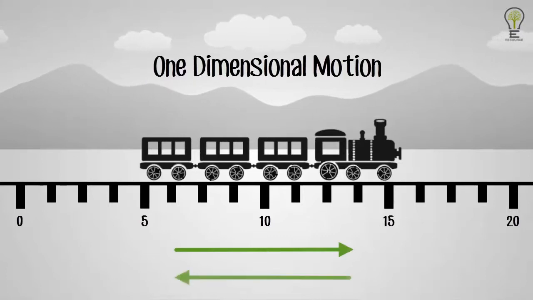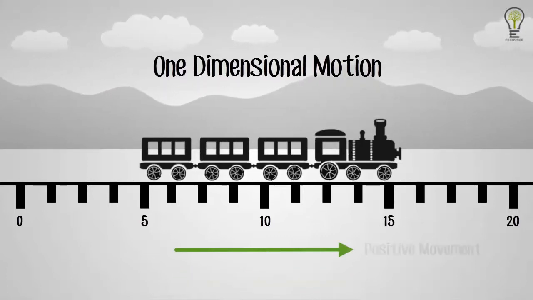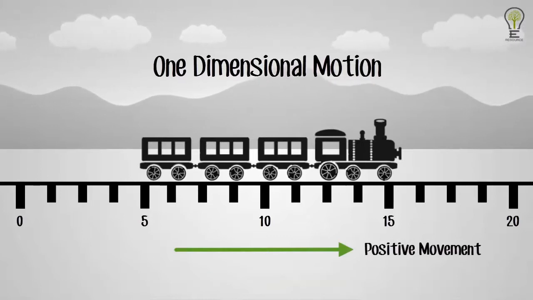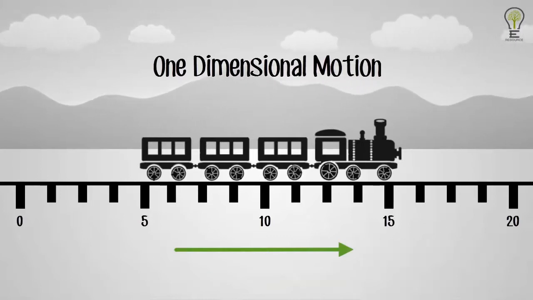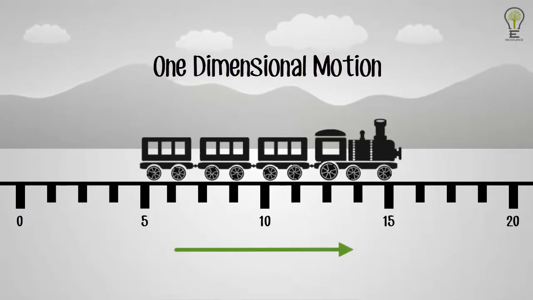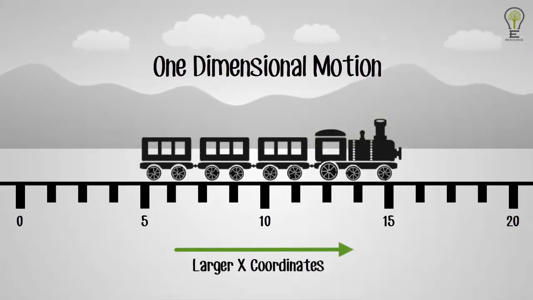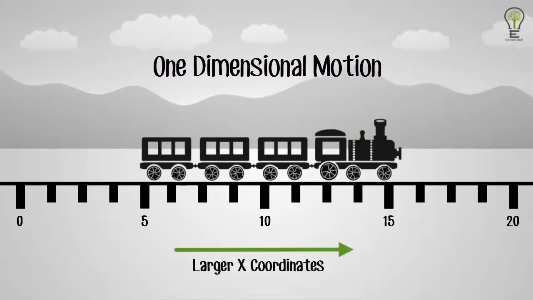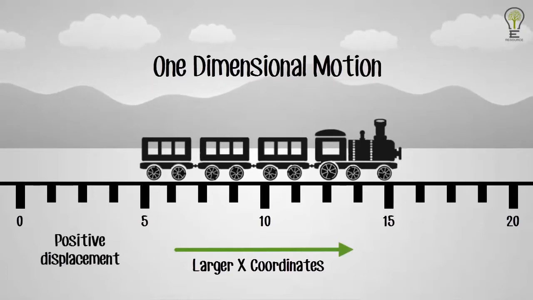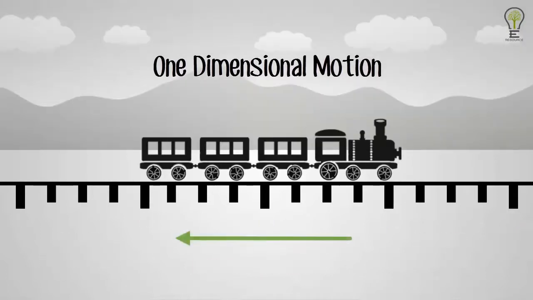As you can see, a car could move to the right side or backward. If the car moves forward, it's called positive movement. In positive movement, it takes larger and larger x coordinates. So if you have larger x coordinates, it means we have positive displacement and positive velocity.